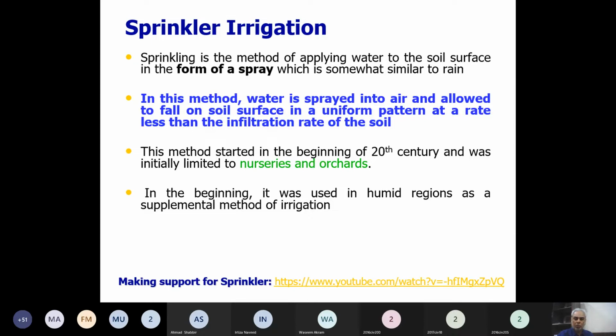You can provide the water to unleveled land through the sprinklers, through the sprinkler gun and the nozzles. There is a video, you see it yourself, mentioned at the bottom of this slide. He's telling you how to make a stand or a support of the pipes for installing a sprinkler gun on it for your lawn or for your house application.